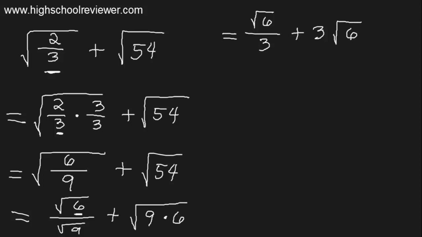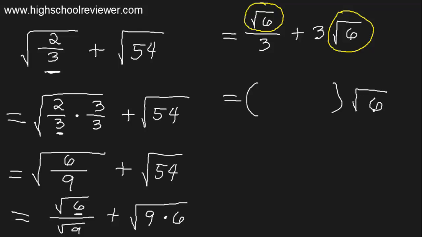And then looking at the two expressions, we can see that the square root of 6 is common between the two terms. So we can factor this out. So factoring, we will separate this. So we will take out square root of 6.